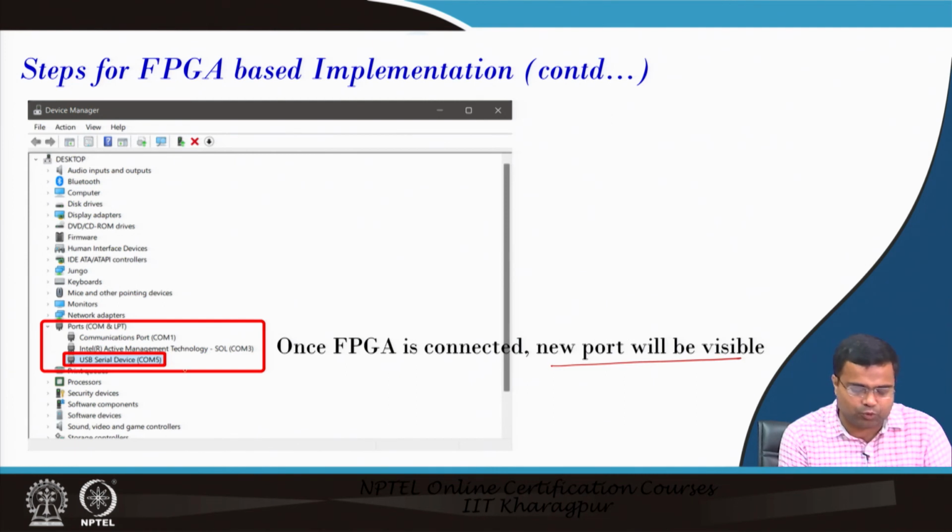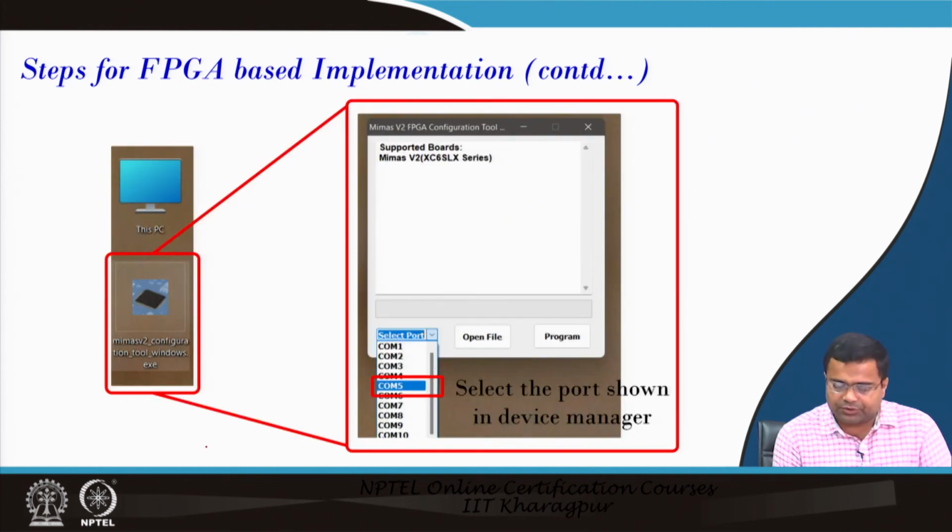Once the FPGA is connected, a new port will be visible. That means your new port is USB serial, so it is COM5, and that means your port is selected. Now you have to use another software, the MIMAS software.